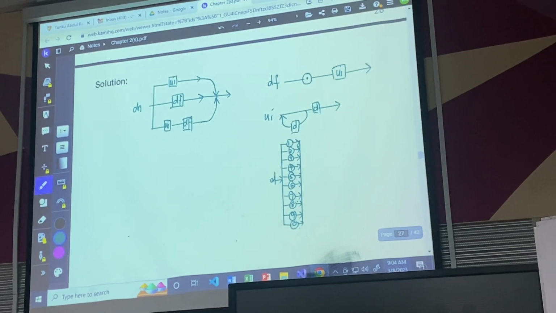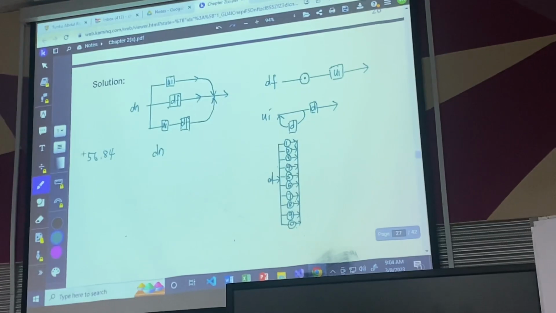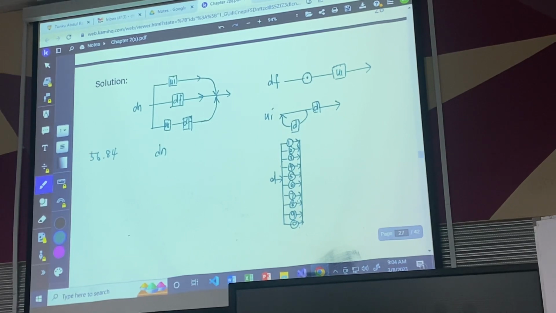Then the tree diagram, so we start with a decimal number, and because we want to get this 56.84, we need to have a digit here to substitute with 5, another digit to substitute with 6. So in order to have that, we need to start from which part here?